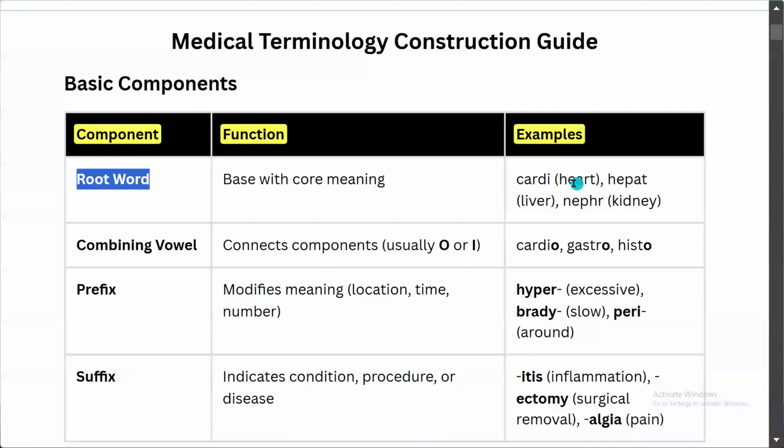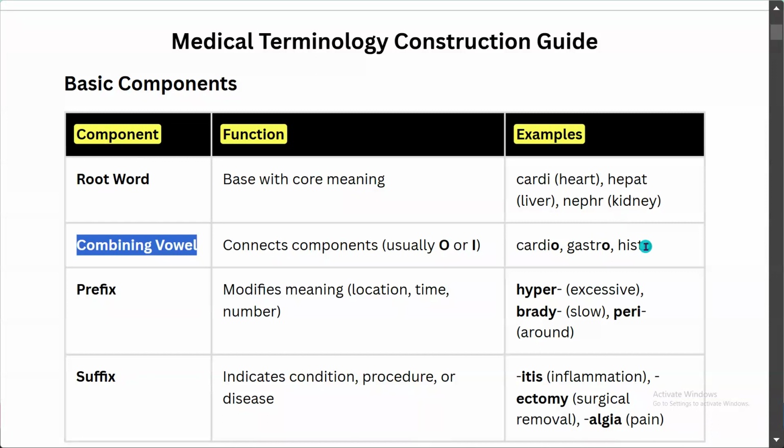While I'm saying heart, liver, here it is cardi, C-A-R-D-I. But along with that, we will use a combining vowel, that is usually O or I. So for heart, it will be cardio.